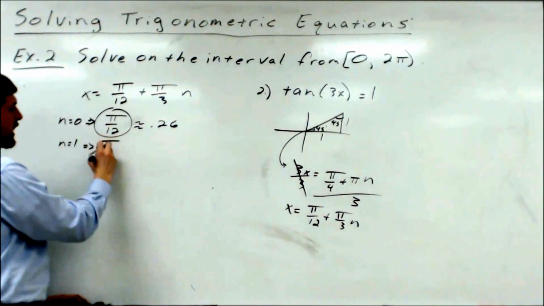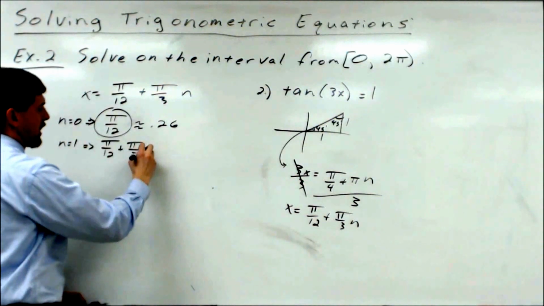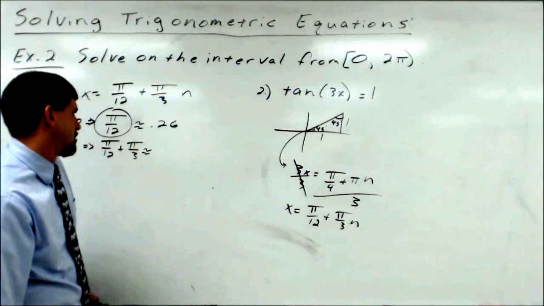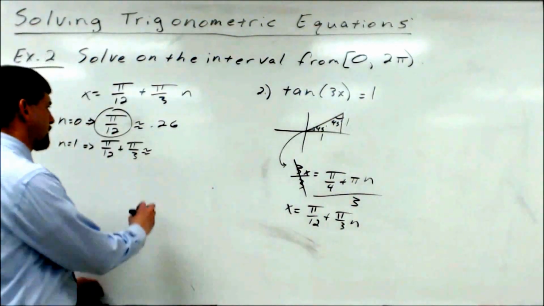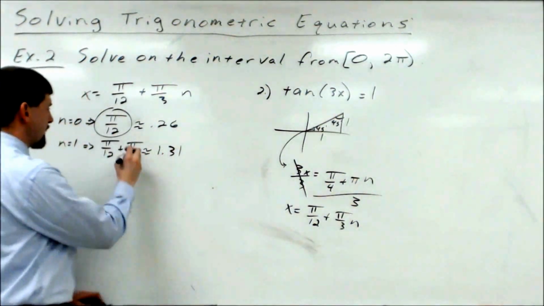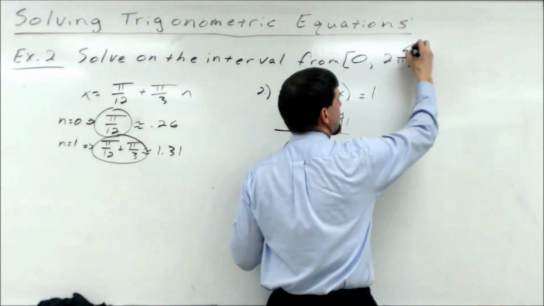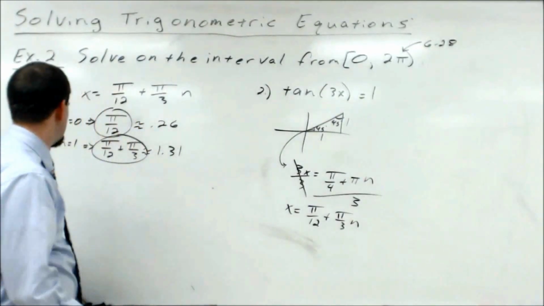N equals 1. So pi over 12 plus pi over 3, that's approximately 1.31. Okay, so that one fits. Remember, we're looking for numbers between 0 and 6.28. Okay, 0 and 2 pi.